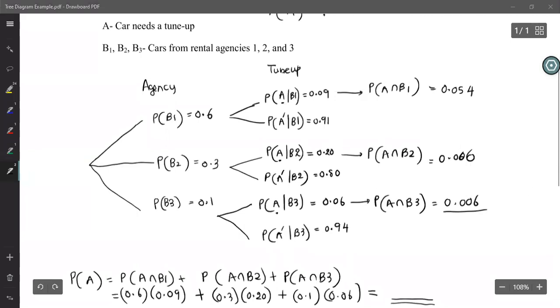Finally, 0.12. Okay, I guess that's correct. This is 0.06.